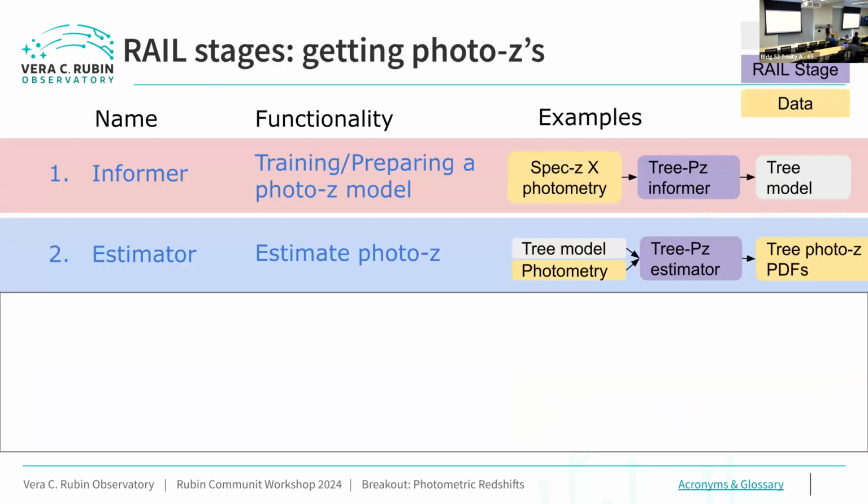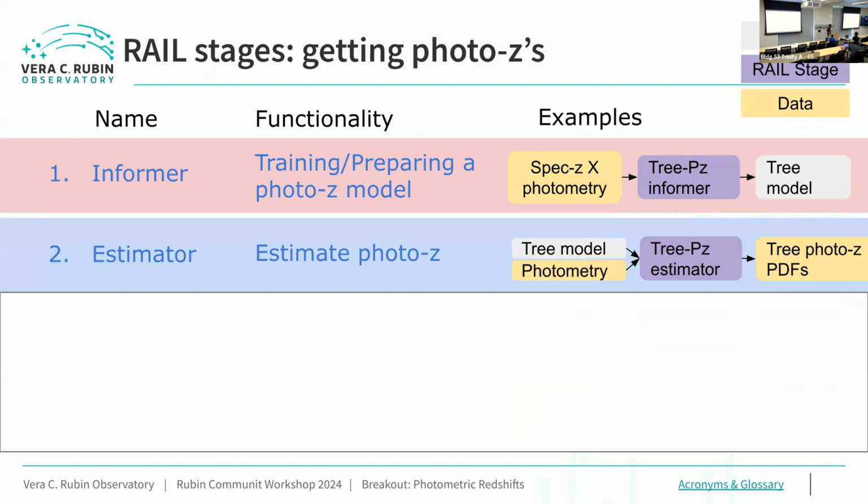I'm going to talk through a few different kinds of RAIL stages. First and foremost, we have the two core kinds of stages, one called the informer and the other called the estimator. RAIL stages really expect a fixed set of inputs and a fixed set of outputs.